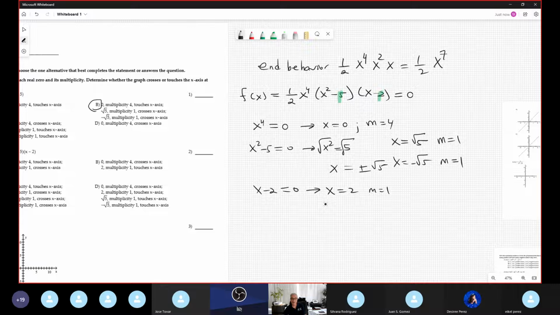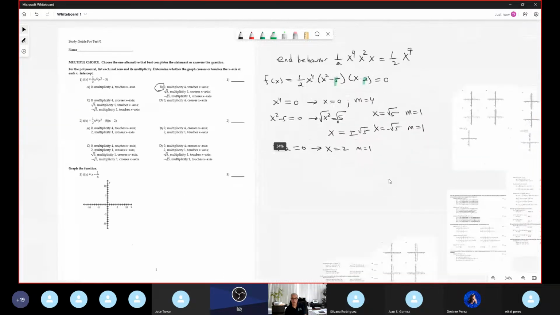And x to the 7th power, this is extra to understand a little bit, is the end behavior. This is the x-axis, and the end behavior is like that, right up, left down, because the coefficient is positive and also the exponent is an odd number. This is the end behavior.